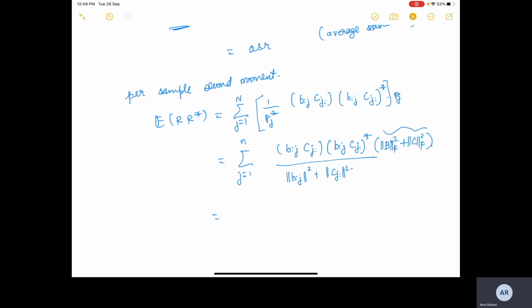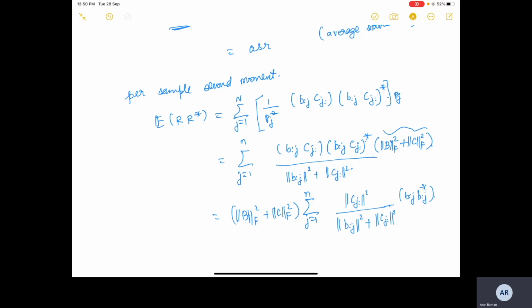since this quantity is independent of the sum, we can write it as, here we have just broken down the transpose.